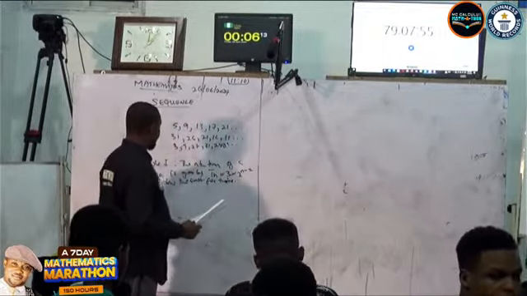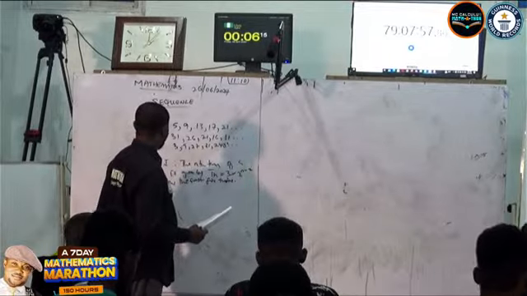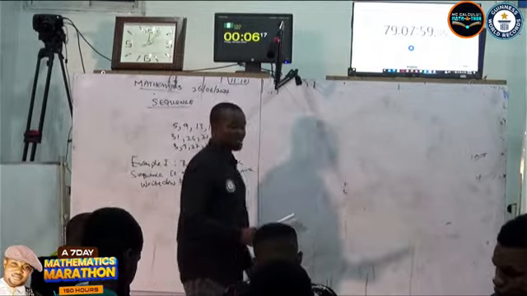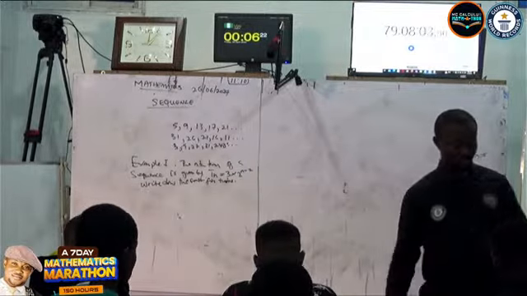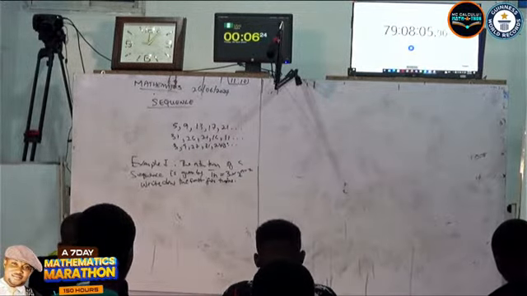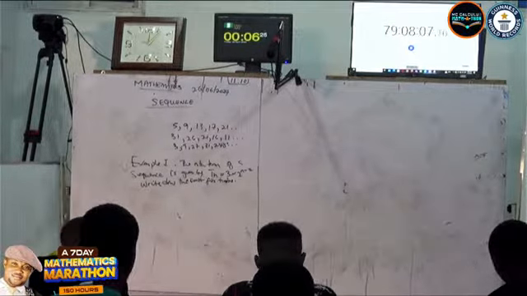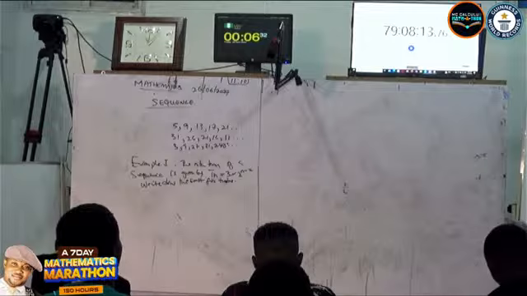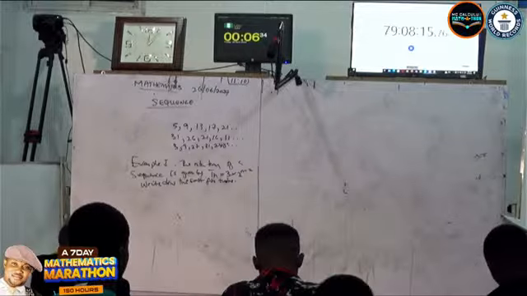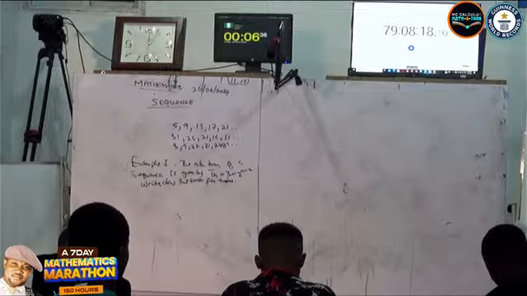Now look at this question. The nth term of a sequence is given by Tn equals 3 times 2 to the power of n minus 2. Write down the first 5 terms. So you can do this.